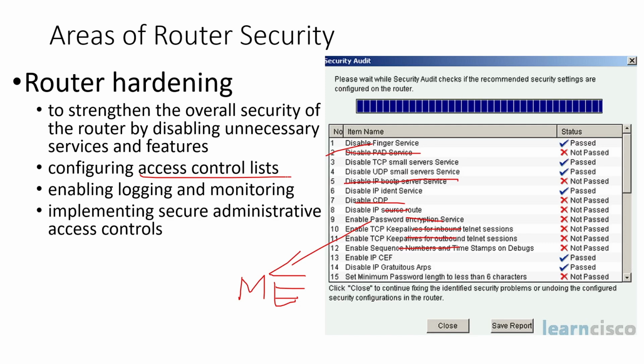You should also implement secure administrative access controls. If you're letting another person, aside from the network administrator, configure your routers inside your premises, there should be limits to that other user.